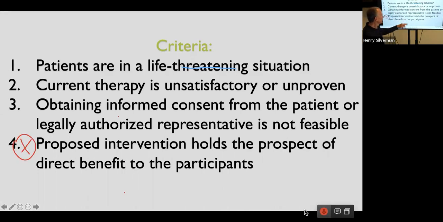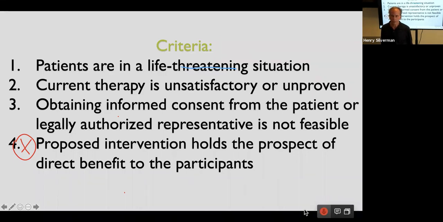The proposed intervention holds the prospect of direct benefit to the participants. So if you're just evaluating a new procedure or measuring cytokines, measuring cytokines in patients is not going to be of any direct benefit to the participants. So if somebody wants to measure cytokines on an illness in the emergency setting, that doesn't qualify for a waiver of consent. Make sense?